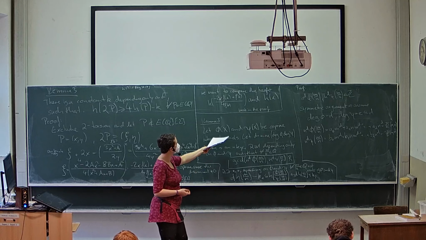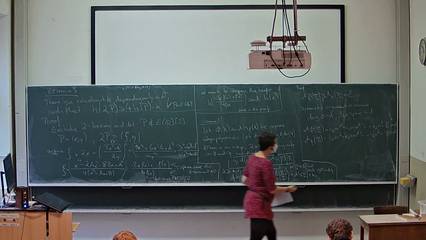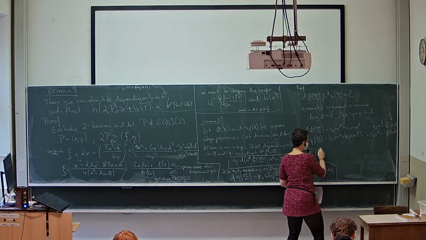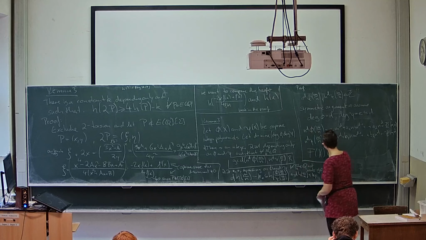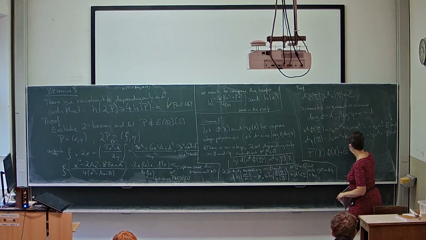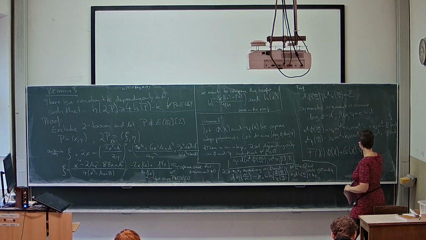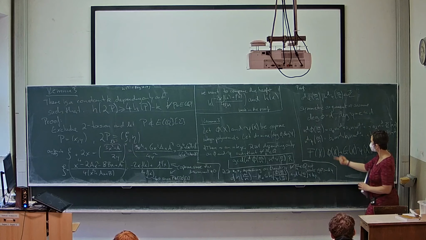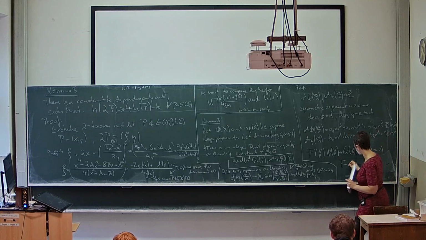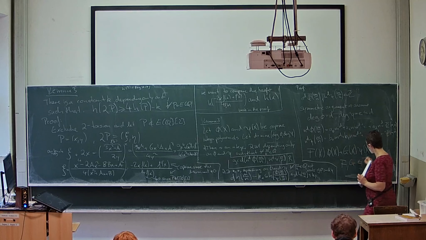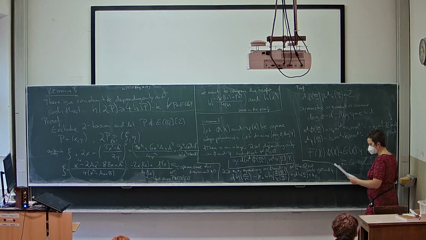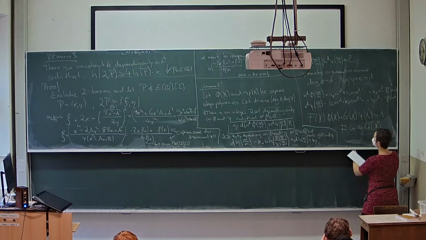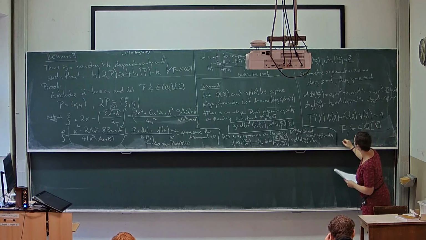So we can use the Euclidean algorithm and find some Bézout coefficients such that this holds, where f and g are rational polynomials. But we can just clear the denominators.